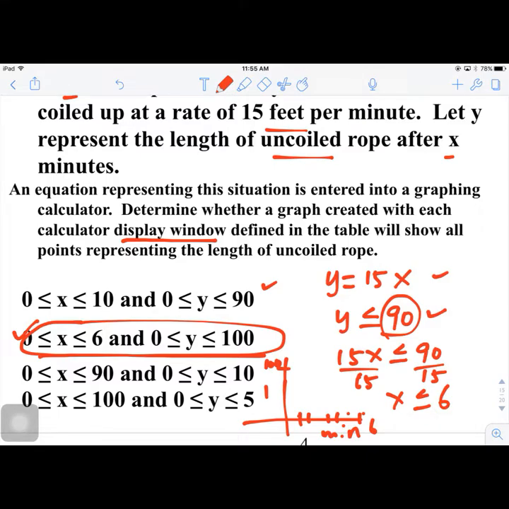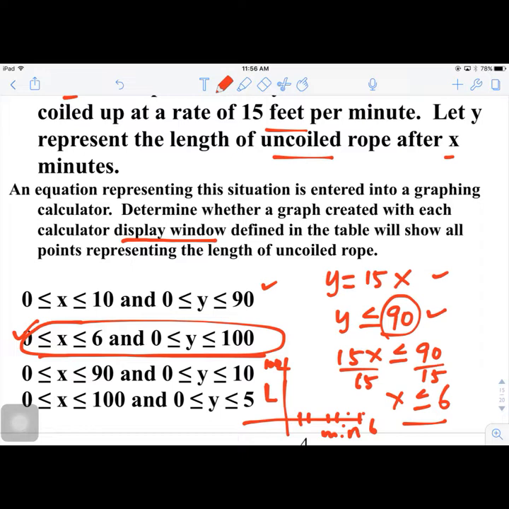So if you were to graph this on a graphing calculator, the window, x-axis would represent the time, which is in minutes. So that's between 0 and 6 minutes that it will be fully coiled. And then the y-axis will represent the length of the rope.